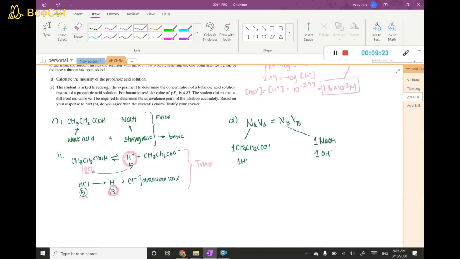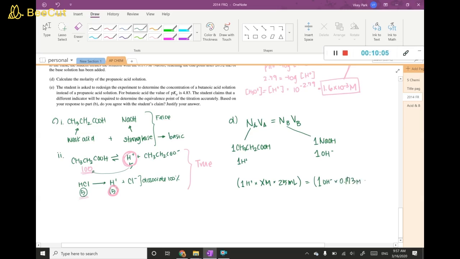All right, so if I were to just plug in, I have 1 proton times, what is my volume? Do I know my volume? Yes, it's 25 milliliters, right? I have 25 milliliters of the acid. Has to equal, I don't know the molarity, right? Molarity times 25 milliliters of the acid has to equal 1 equivalence of hydroxide times what is the molarity of NaOH? 0.173, right?